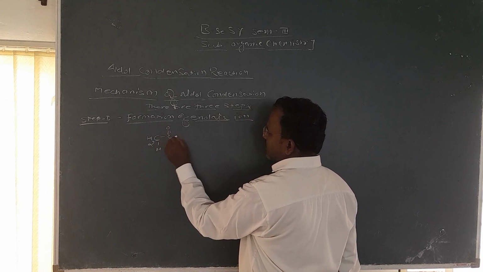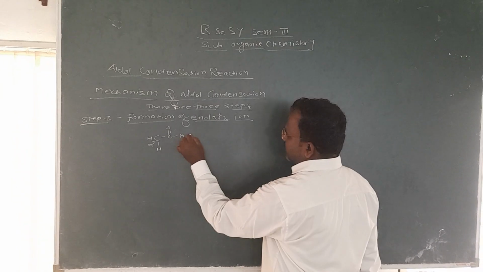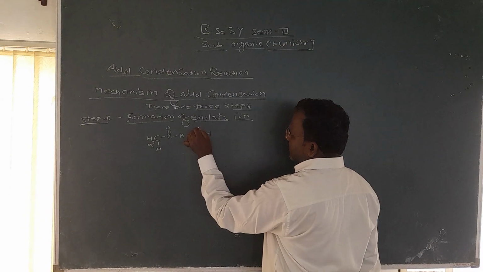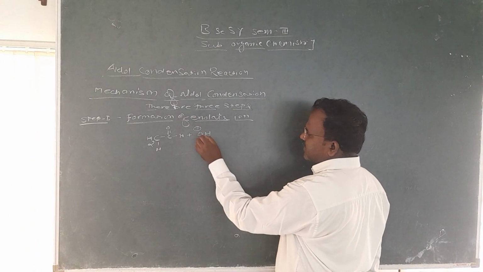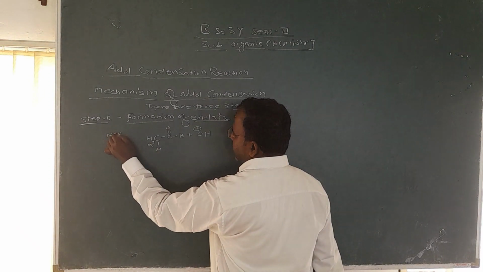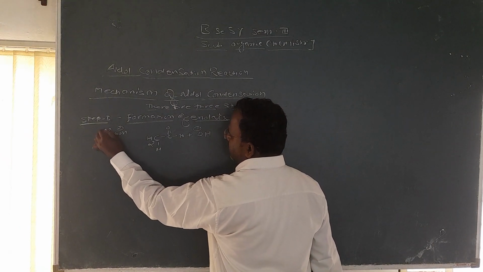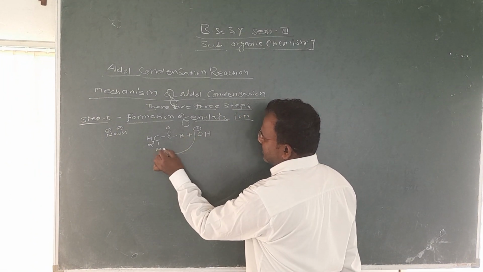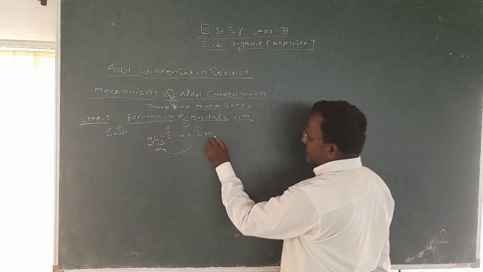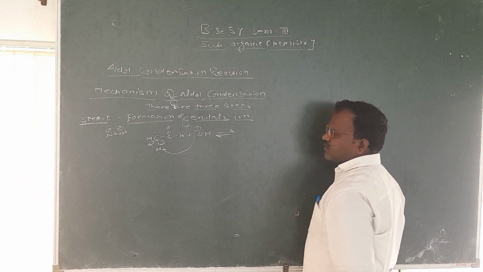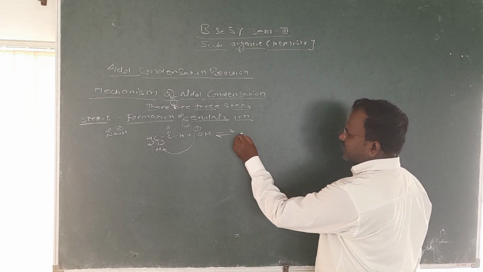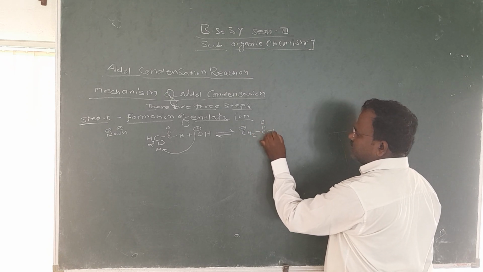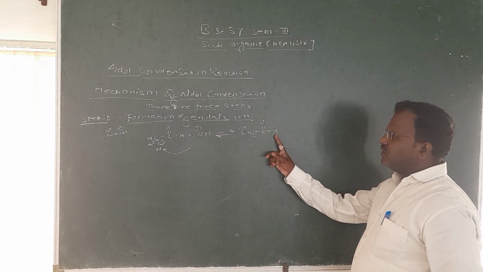The first molecule of aldehyde reacts with the hydroxide ion, which comes from NaOH, that is Na plus and OH minus. This is the base which can abstract this proton, forming the enolate ion. This is a reversible reaction. This is the formation of enolate ion.